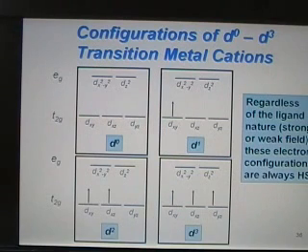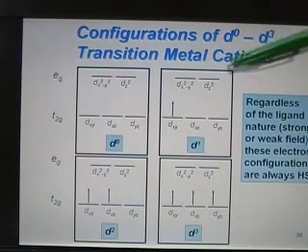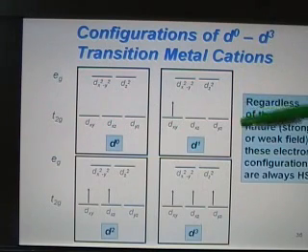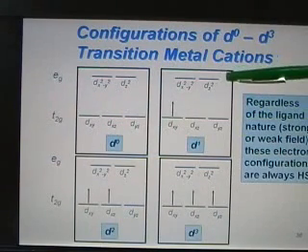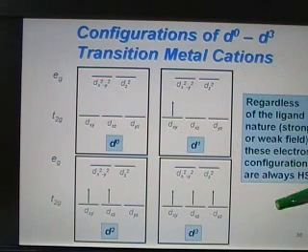Of course, D0 has no spin state since it has no electrons, but D1, D2, and D3 always have high spin electron configurations because these electrons are never in the EG orbitals. They never populate because you don't have enough. Up to 3 electrons must always populate the T2G orbitals.